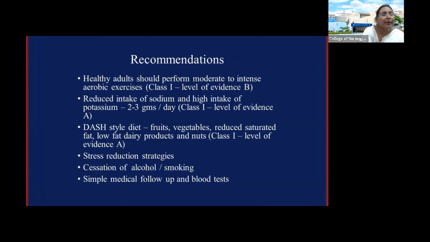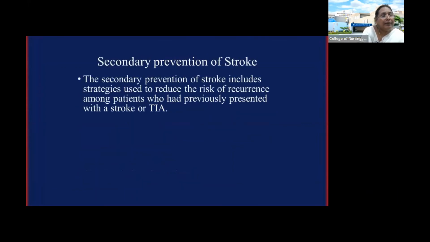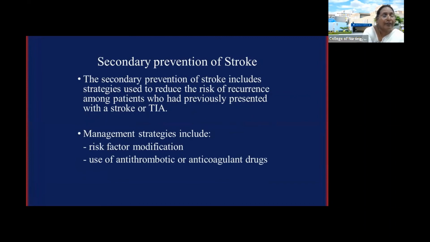also help in primary prevention. Secondary prevention of stroke includes strategies to reduce the risk of recurrence among patients who had previously presented with stroke or TIA. A person who has had a stroke, we must identify what is the risk factor in this particular patient and then control or address that particular issue.